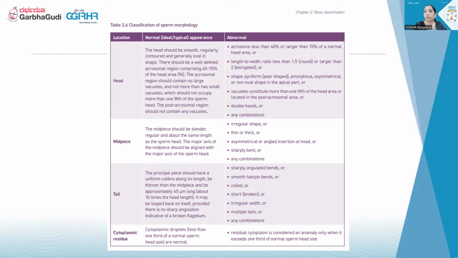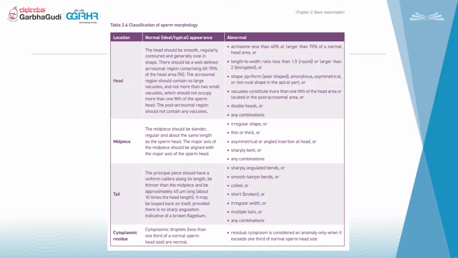It cannot be assessed from the raw sample. Once you have a stained morphology slide, you need to look at each of the sperm under the HPF, the field that you're looking into, and assess the shape of the head, the integrity, the contour, and also the acrosomal region, which is important.